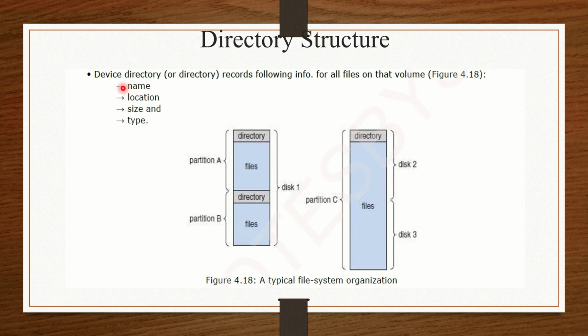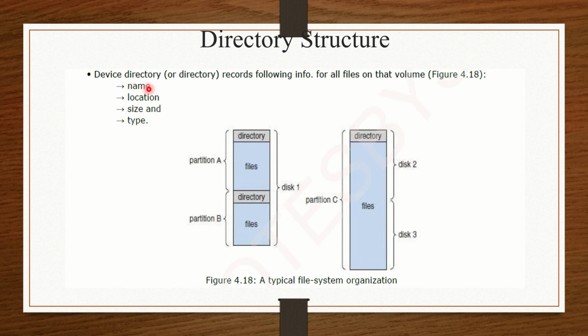As I already said, the device directory, or simply the directory, records the following information for all files on that volume. Whatever information there is about the files stored in the directory, all the information of the corresponding files is stored inside the device directory.